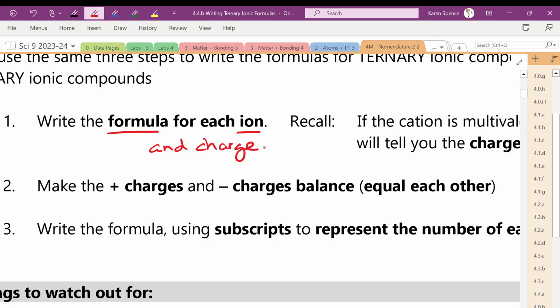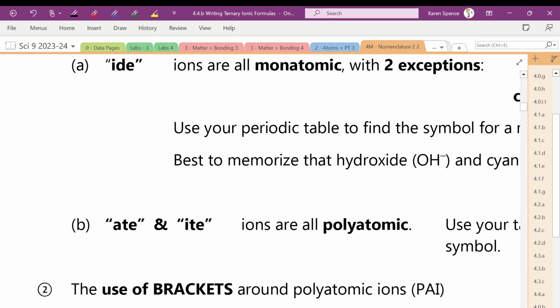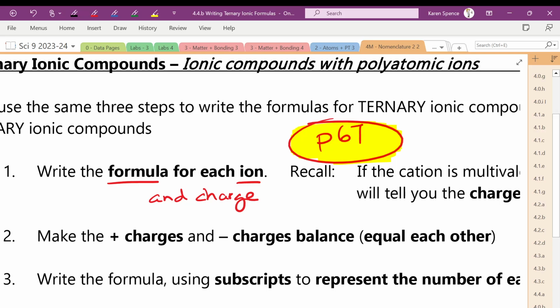So this is page 67. I think it's page 67. Let me double check. 67, yes, indeed. I'll give you guys a minute to get that out if you don't already have it.